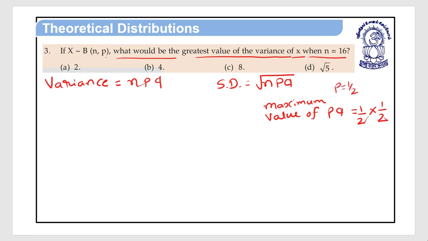P is equal to 1 by 2, Q is equal to 1 by 2. So it is 1 by 4.